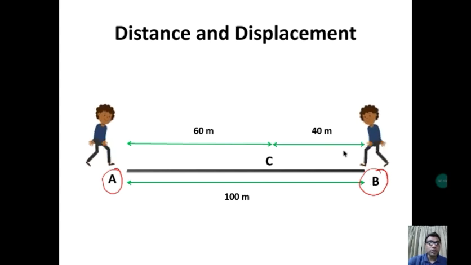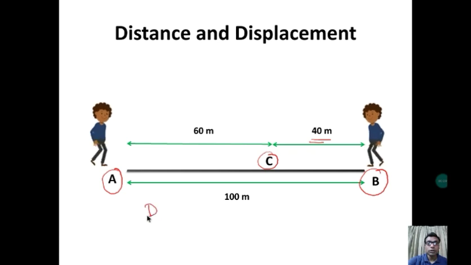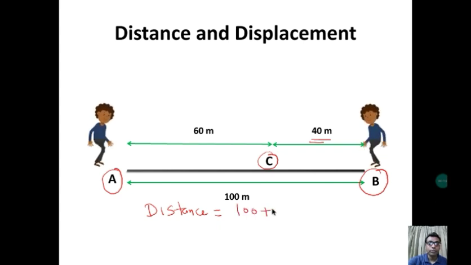And if the person again moves from B to C, he has to cover 40 meters. Then the total distance during the journey is 100 plus 40, that is 140 meters.